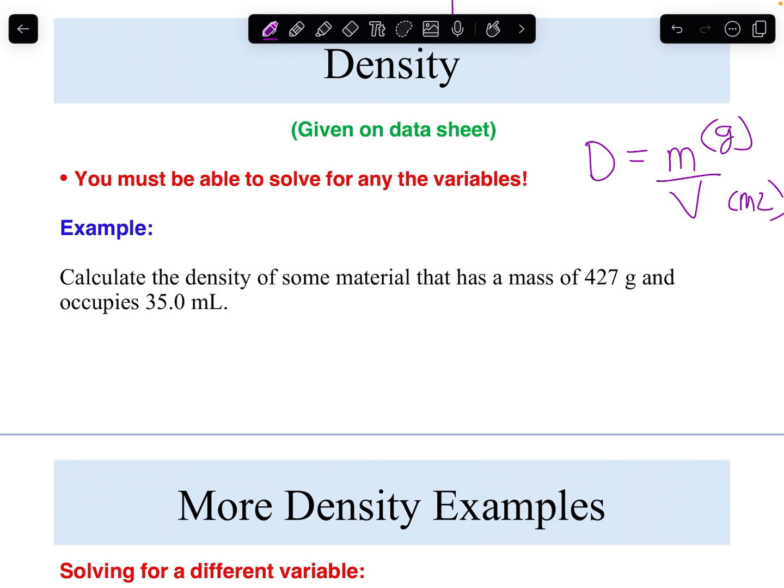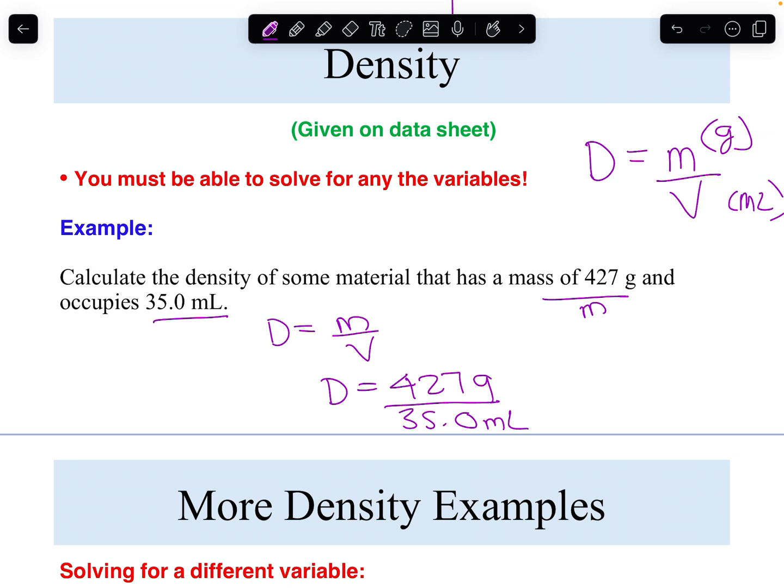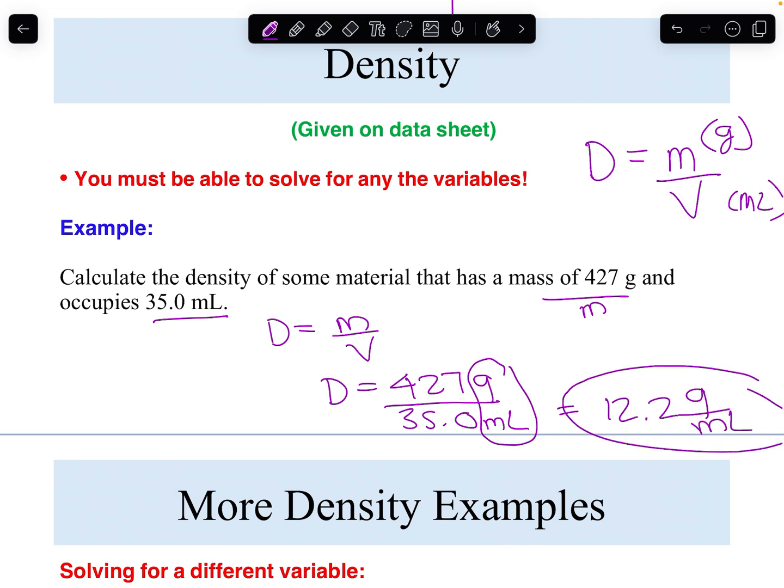Calculate the density of some material that has a mass, so that is giving me M, and occupies that much volume. So I'm going to go ahead and write my equation. Density equals 427 grams over 35.0 milliliters. A nice division there. Answer is 12.2. Don't forget units, grams per milliliter.